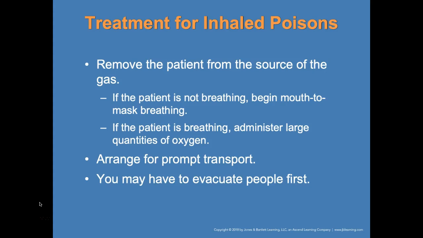If the patient is not breathing, we want to begin mouth-to-mask breathing, or personally, I'm going to use a BVM. If the patient is breathing, we want to administer large quantities of oxygen. Arrange for prompt transport. Remember, you might have to evacuate people before you can continue your treatments.